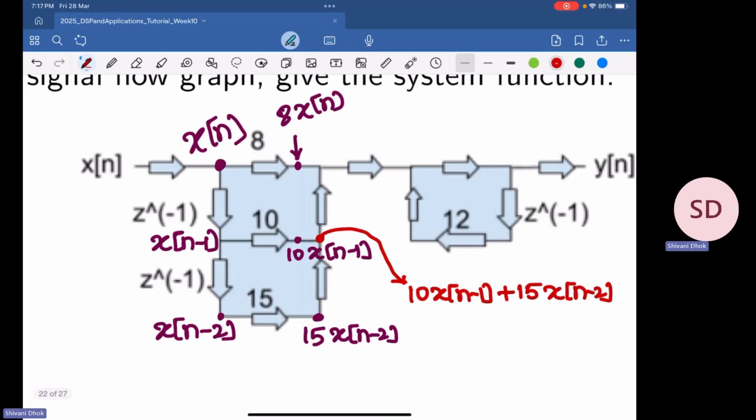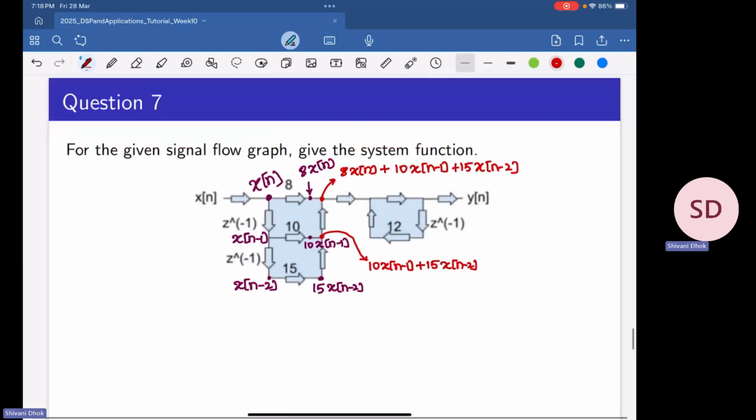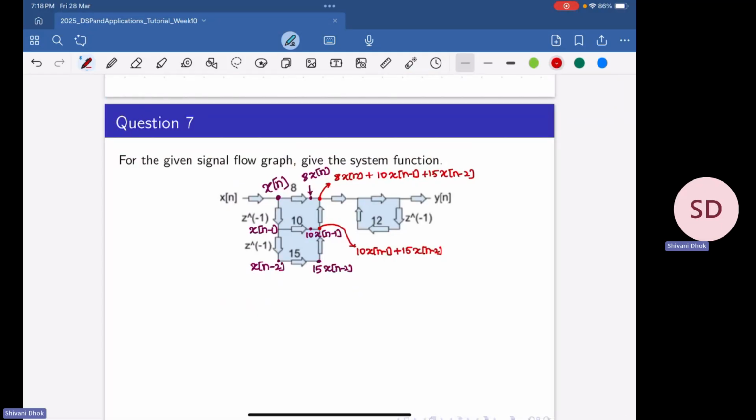In a similar way, whatever is available here gets added with whatever was available along this line, to give 8x of n plus this quantity. So at this junction, we get 8x of n, which is coming from here, plus 10 times x of n minus 1 plus 15 times x of n minus 2. Okay. So one part of this we have done.